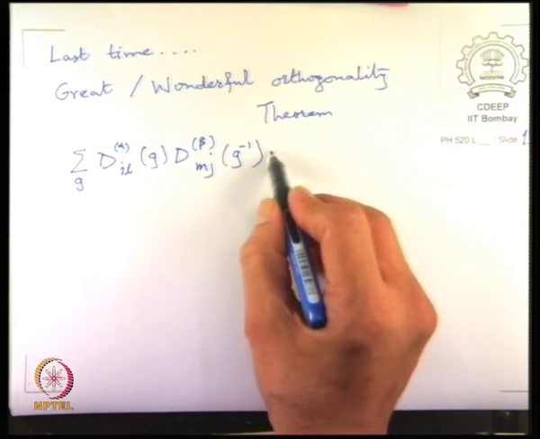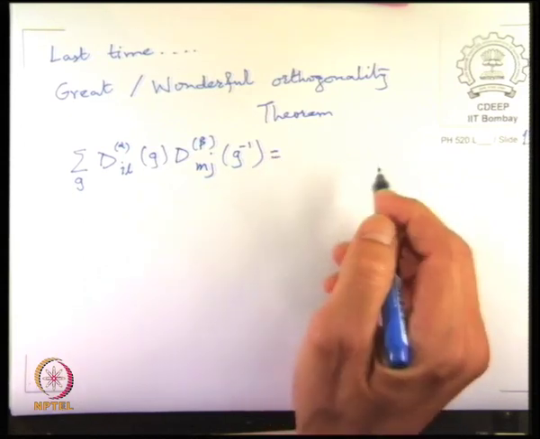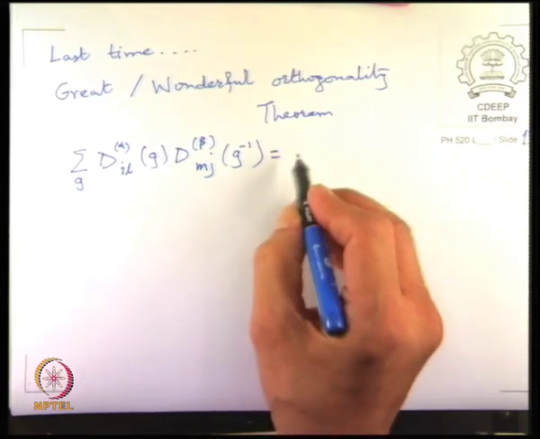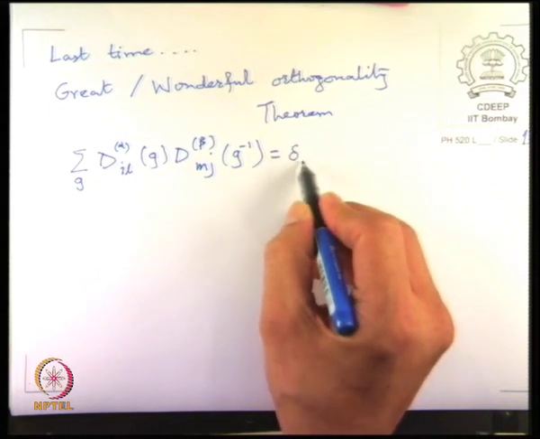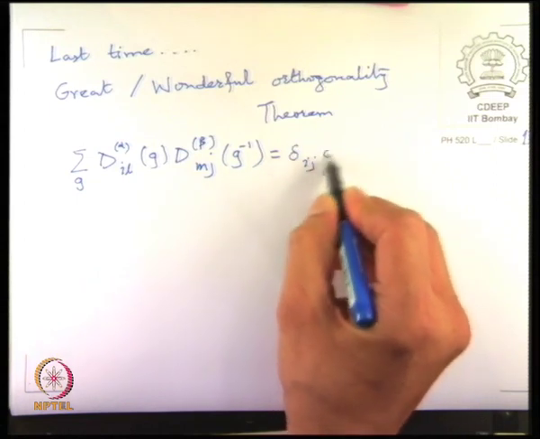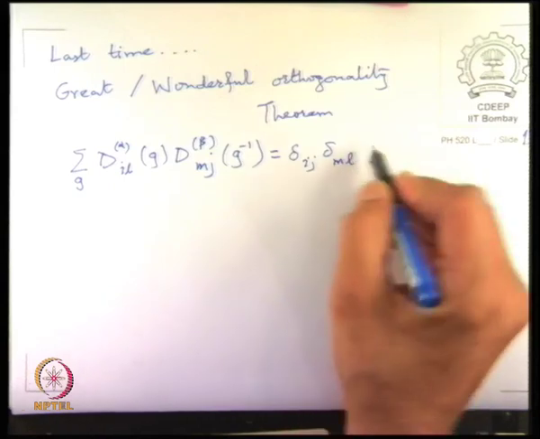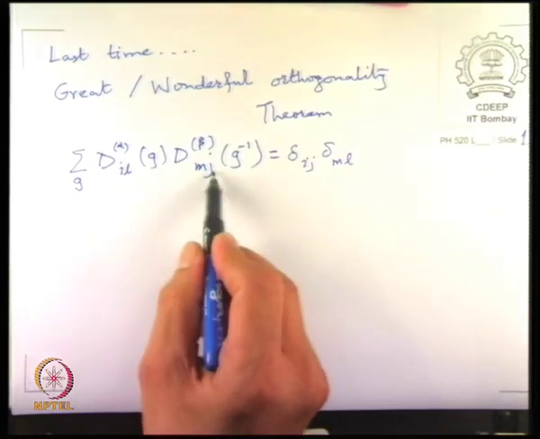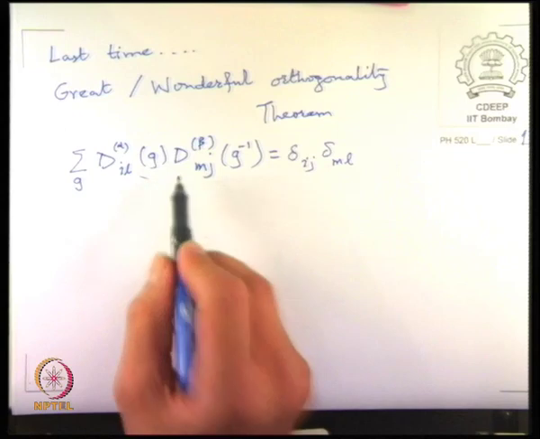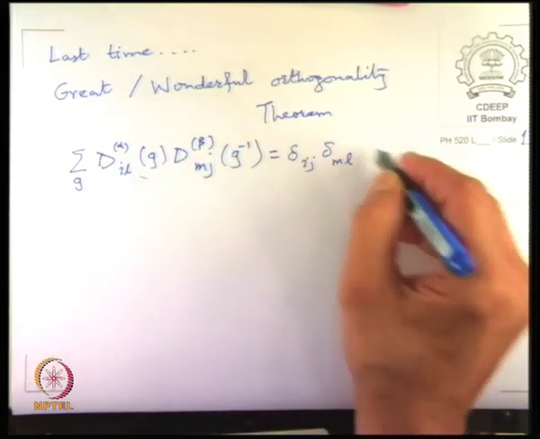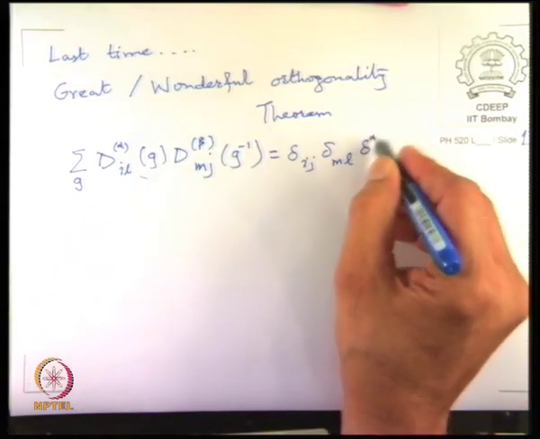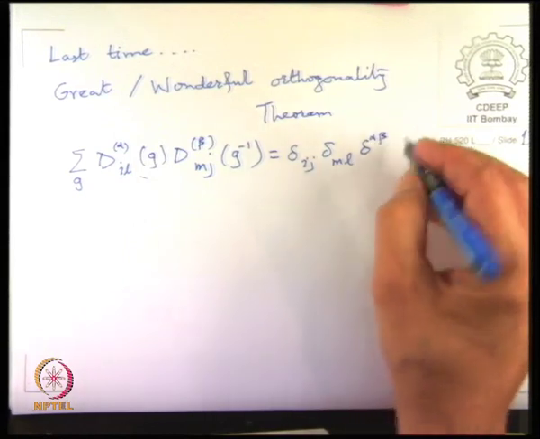This sum over all the elements of G gives delta Ij delta Ml. So I has to match J, M has to match L, and the representation has to be the same actually. So this is for irreducible representations.